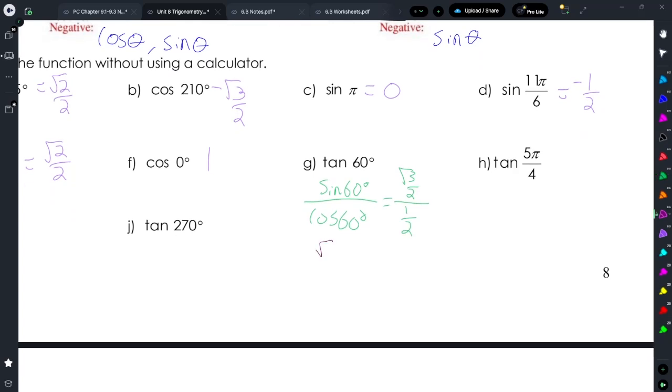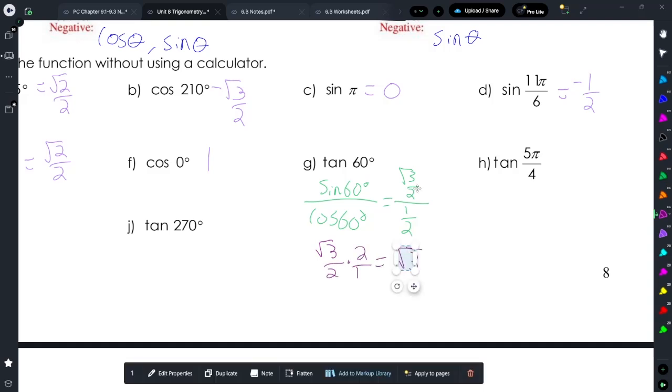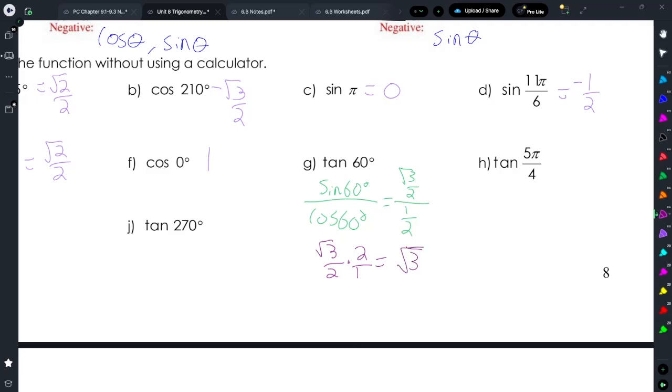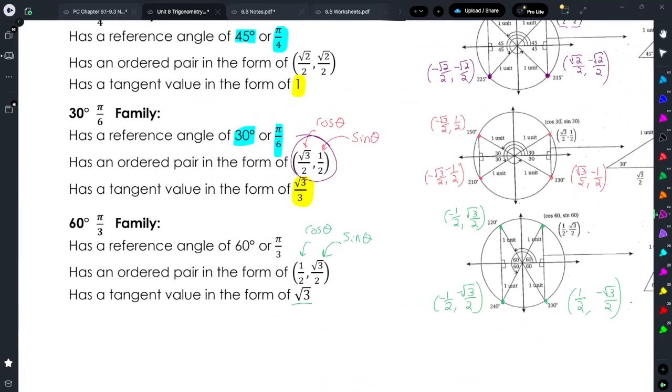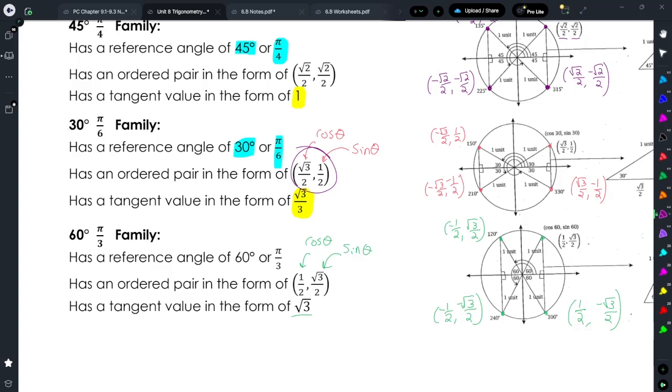And then simplify that and say, okay, square root of 3. That works. You can always do that. I like just memorizing the tangent values for these ones because one of the tangent is just 1, a form of 1, and then we have the square root of 3 over 3, and then the square root of 3.